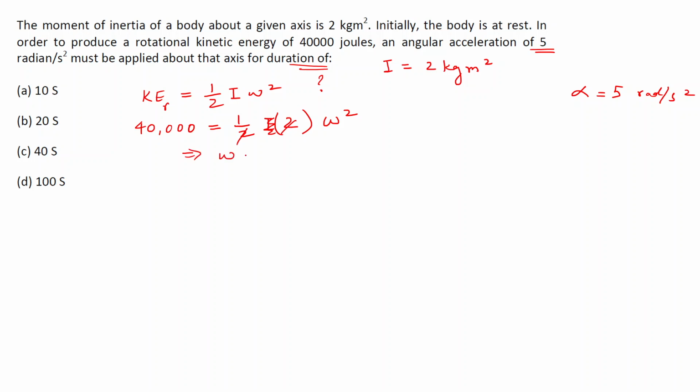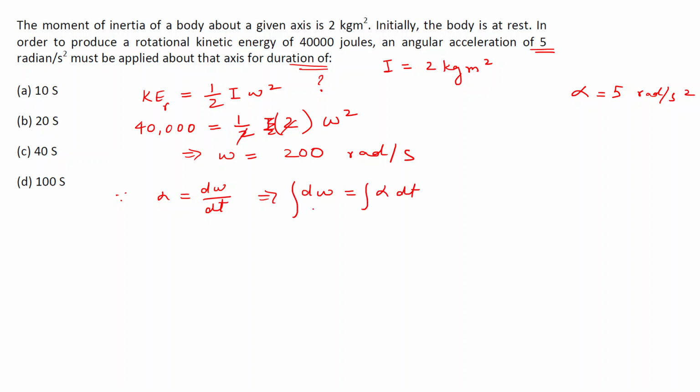From this, the value of angular velocity, we'll take the root of this, right? So it will be 200 radian per second. Now, since we know that alpha is the time derivative of angular velocity, d omega will be alpha dt.